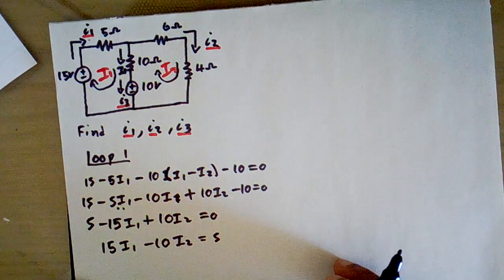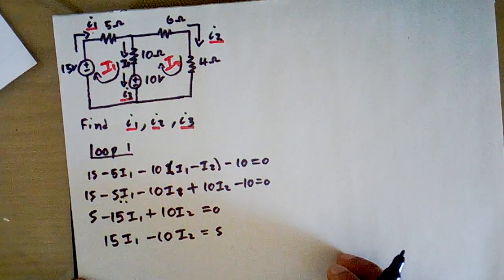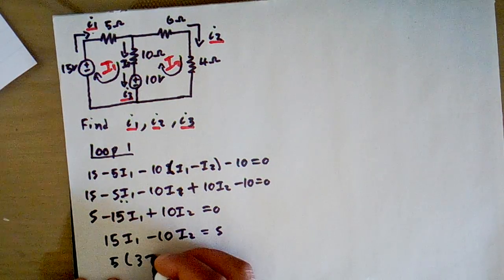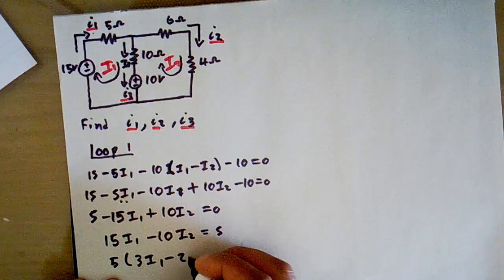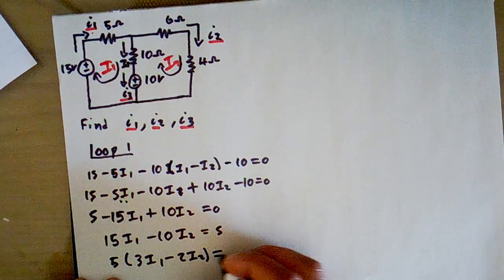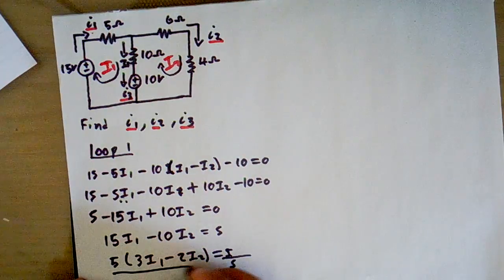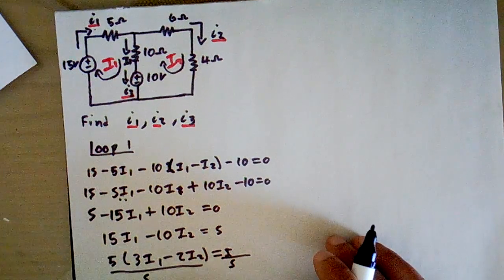And now you can just take out 5 as a common factor, so 5 times 3 I1 minus 2 I2 equals 5, and divide by 5.